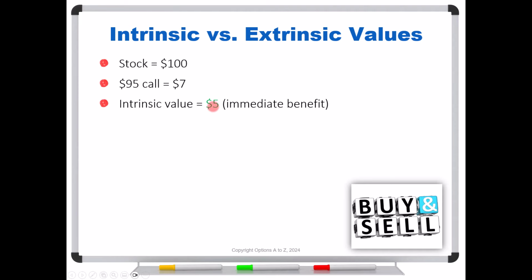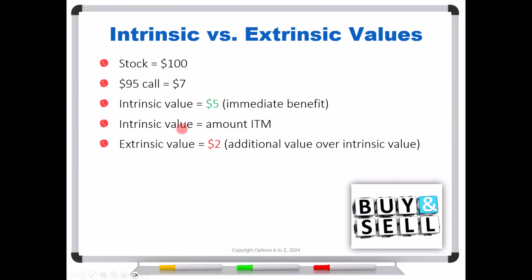So the intrinsic value, we would also say, is the amount that it is in the money. So in this case, we are $5 in the money, and that's another way to figure out why we have $5 of intrinsic value. But there's an additional $2 in here. We just found out that there's $5 of intrinsic value, but the call is trading for 7. Well, that extra value is the extrinsic value.